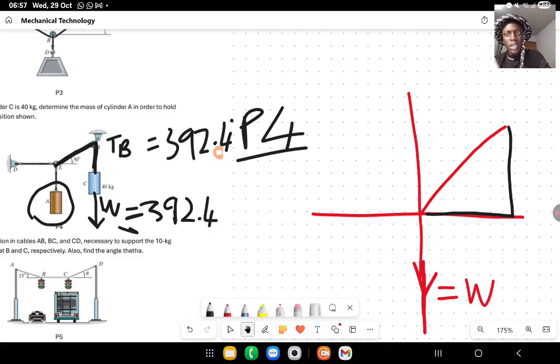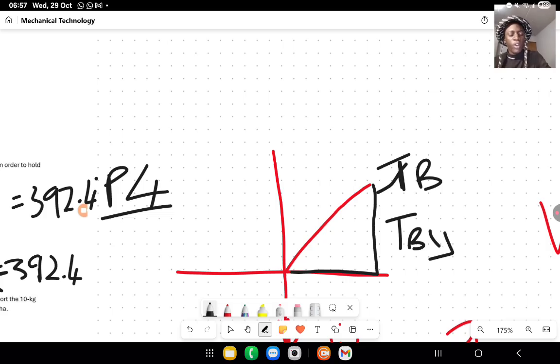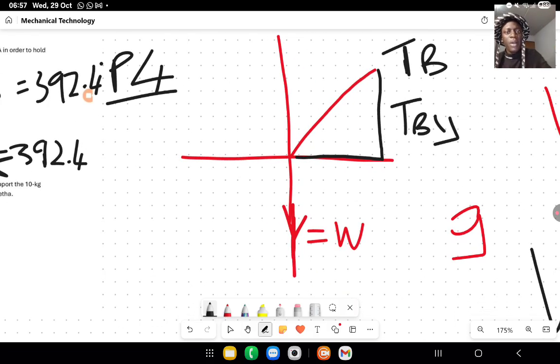This is going to be TB. Therefore, this will be TBY. Therefore, we forget about TBX. We are going to focus on TB. But remember, here we have 30 degrees.